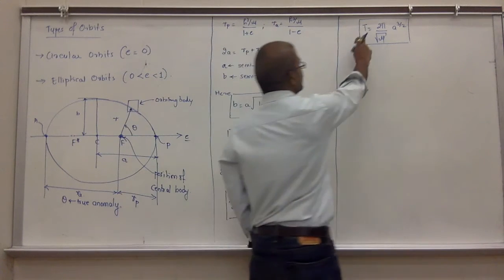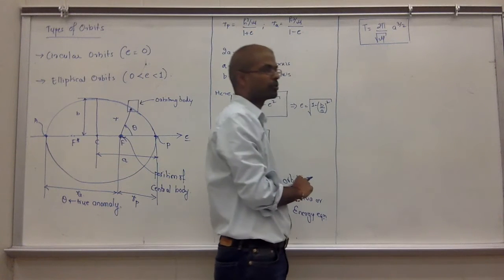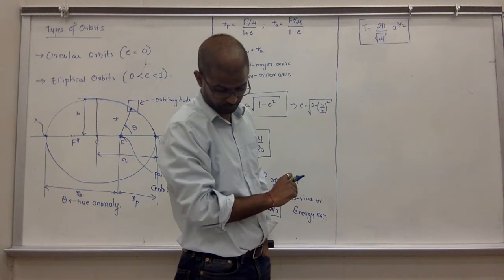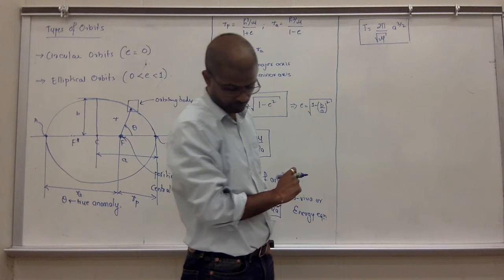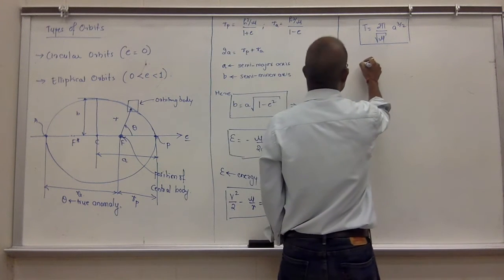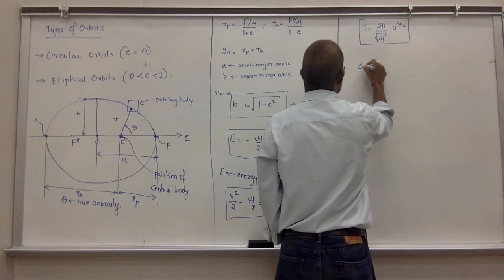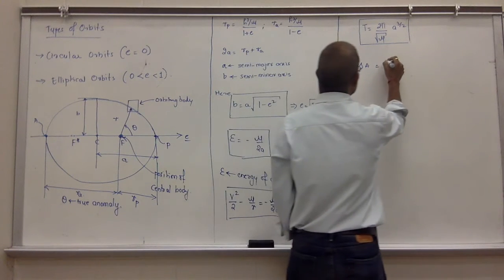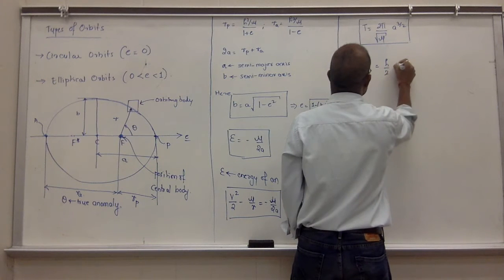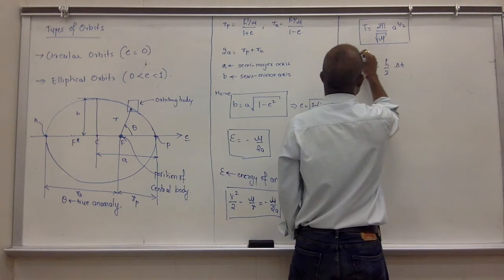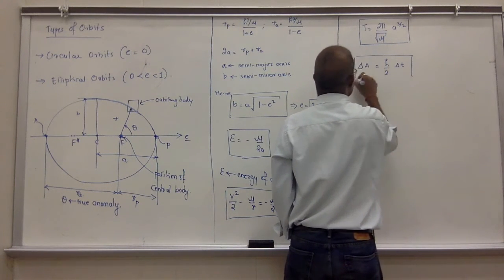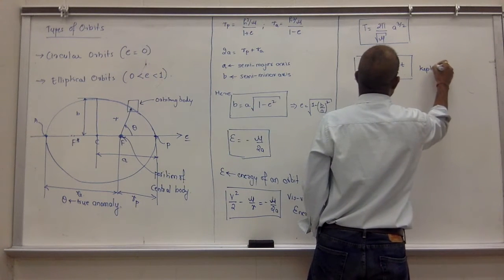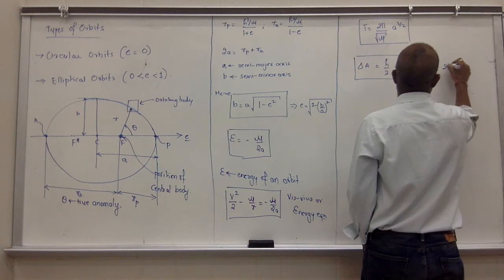So T square is proportional to cube of A. And you can also take this, delta A is equal to H over 2 delta T. This is Kepler's second.